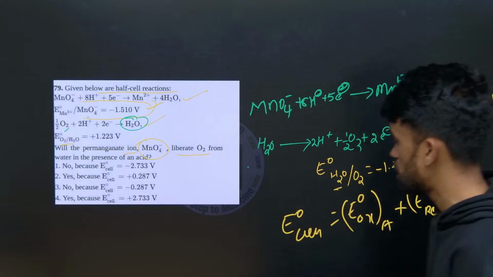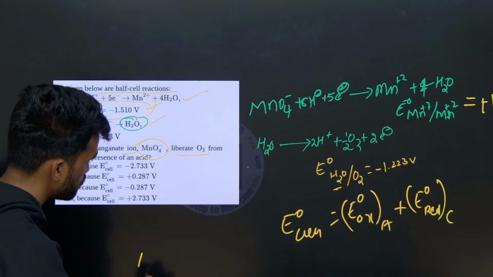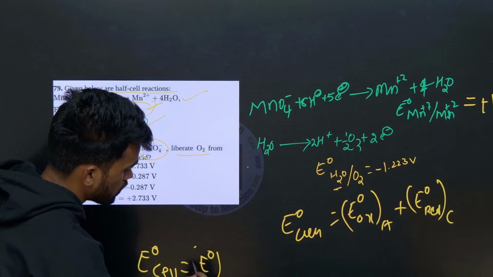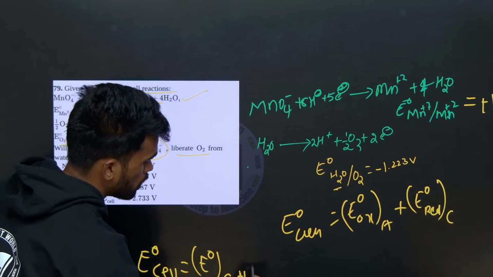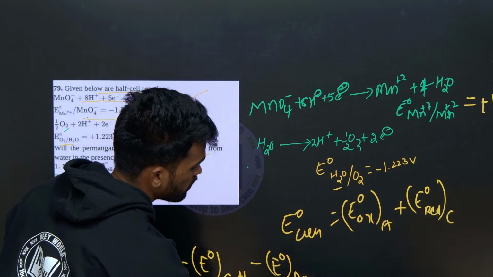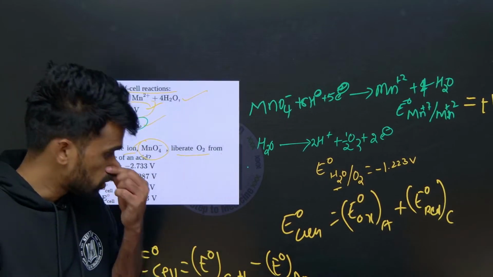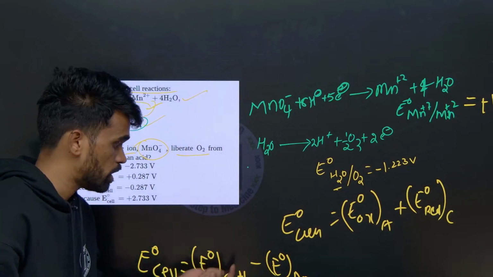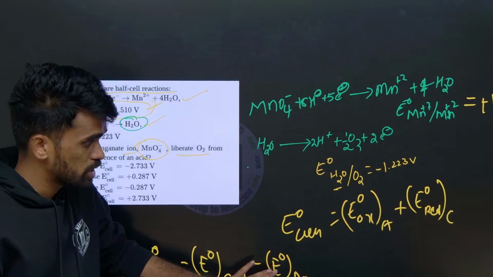In the books we generally see this kind of equation, na? E naught cell equals E naught cathode minus E naught anode. This is what we see, because in the books they give reduction potentials only, for both cathode and anode.